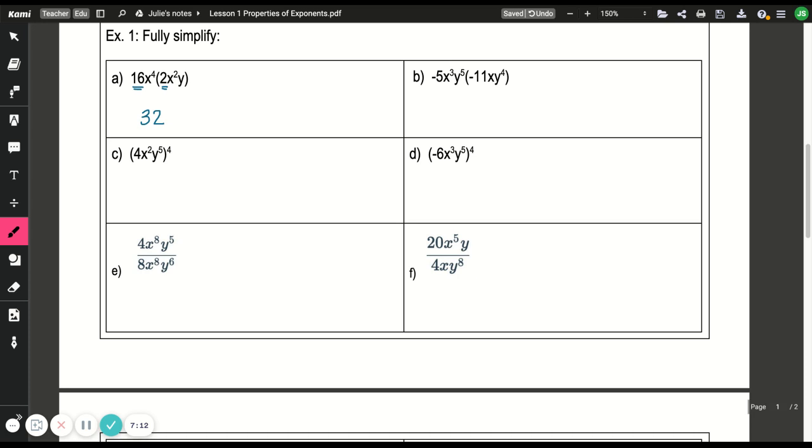And then you add exponents. So these x's with the same base, they have to have the same base. I have x to the 4th times x to the 2nd, and then I add exponents to get x to the 6th. There's only that one y, there's not another one, so that just stays y to the 1st.